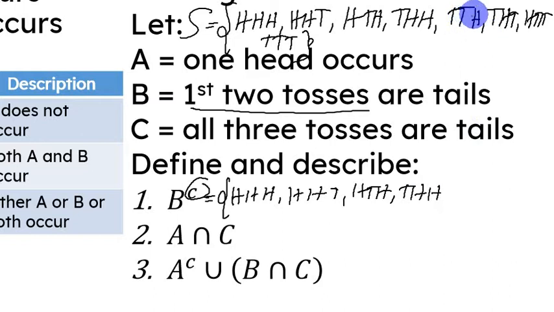Tail, tail, head cannot be because that's B, the first 2 tosses are tails. I'll have tail, head, tail; head, tail, tail. I cannot get this one because the first 2 tosses are tails. So there we go. The definition of B complement is the set containing these elements. To describe it, we can say that these are the events wherein the first 2 tosses are not tails.